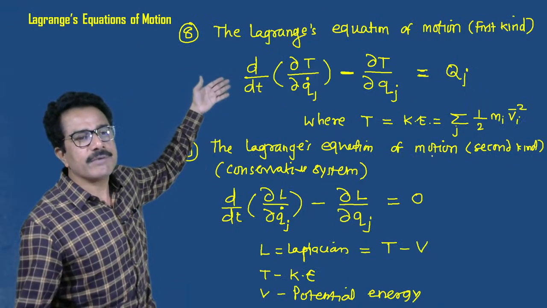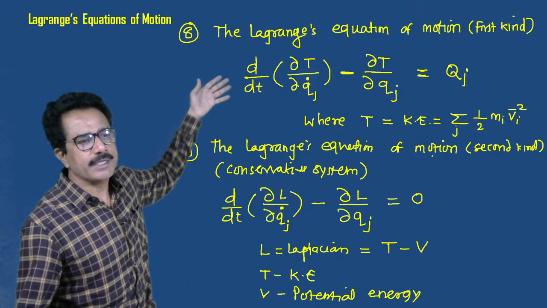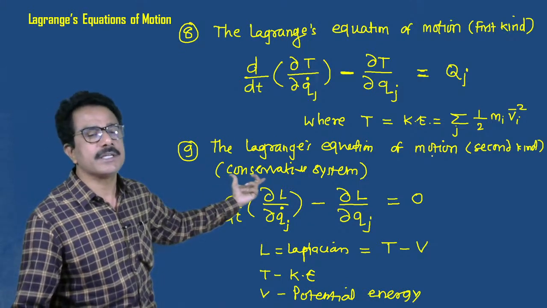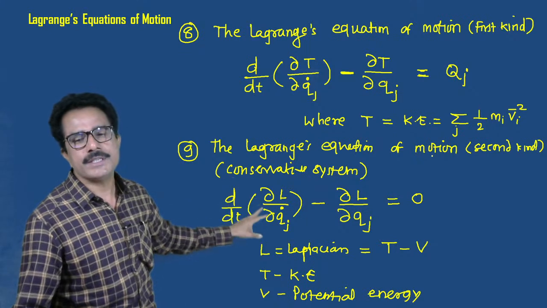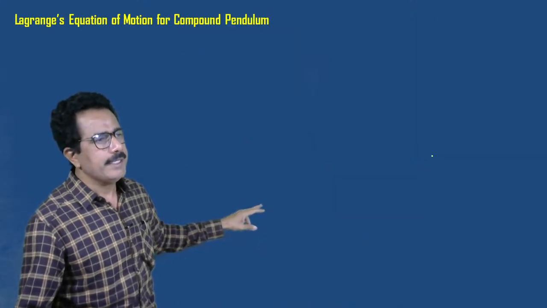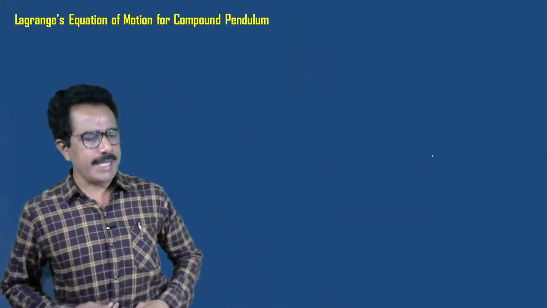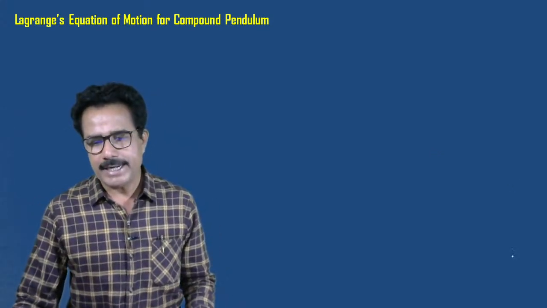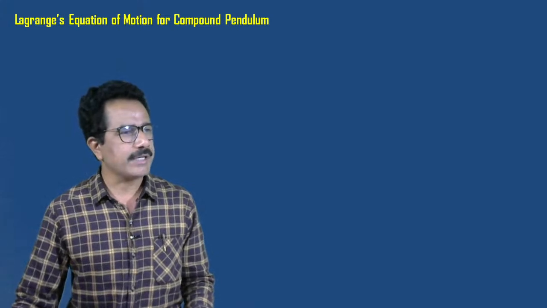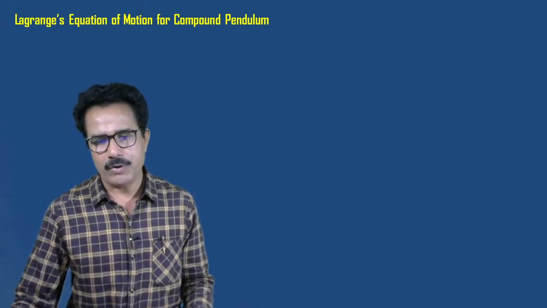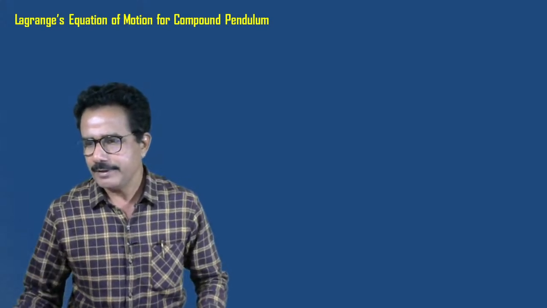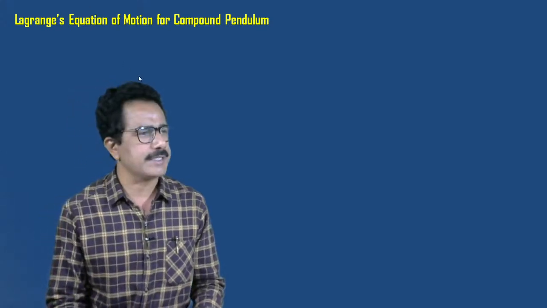Then Lagrange's equation of motion of the first kind, Lagrange's equation of motion of the second kind, that means in the conservative system, which is in the form of a Lagrangian. So today we shall discuss the next concept, Lagrange's equation of motion for compound pendulum.